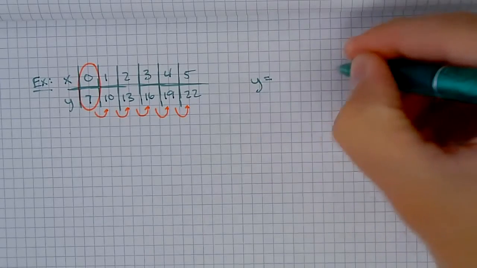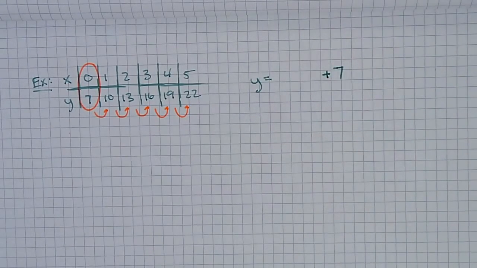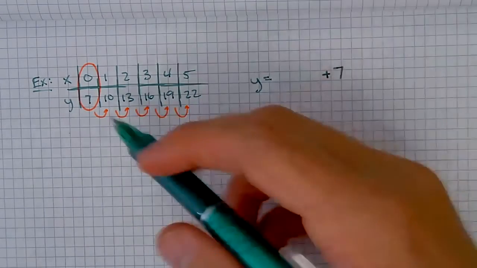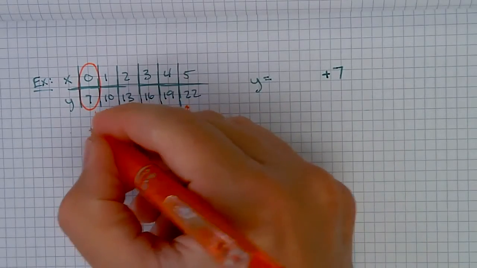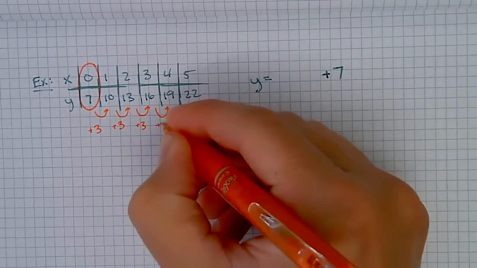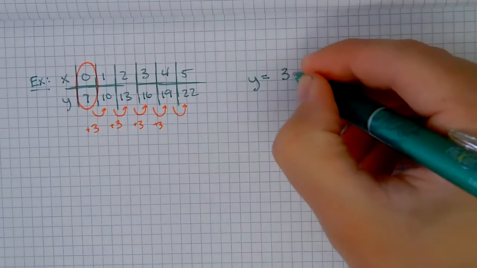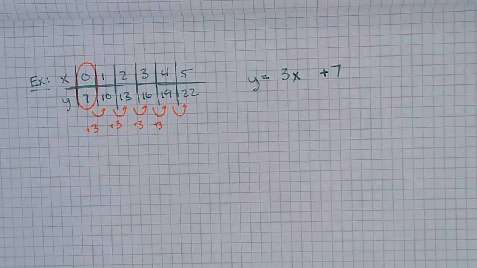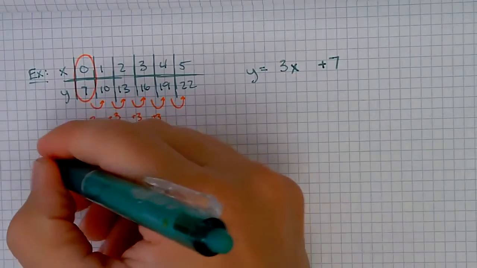So to write our equation, we should know that it's going to be a +7 at the end. And as we go from one term to the next, we're adding 3. So our m value is 3, giving us the equation y equals 3x plus 7.